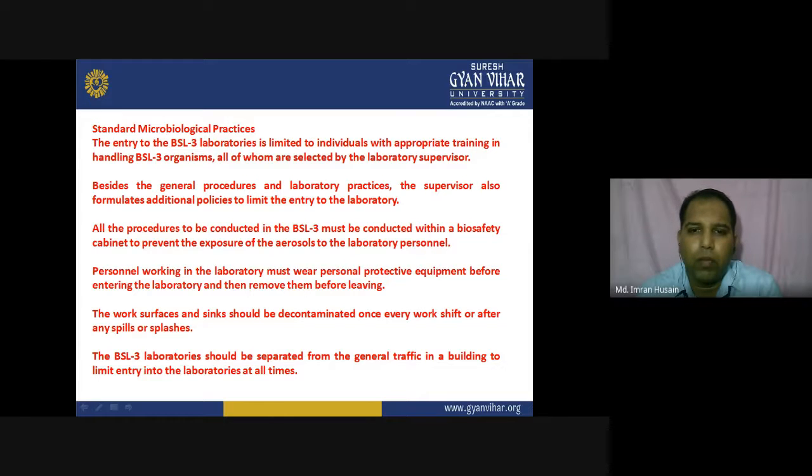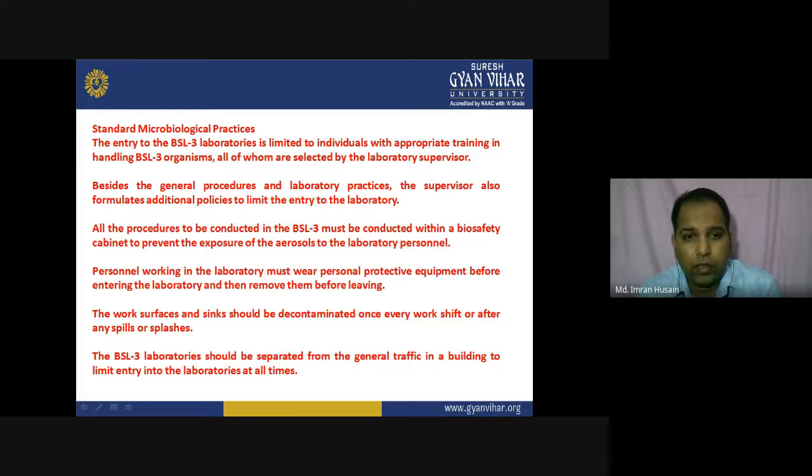So biosafety cabinets are always installed, and it is ensured that you do not work outside those cabinets, in order to ensure the safety of other laboratory personnel. Personnel working in the laboratory must wear personal protective equipment before entering the laboratory and then remove it before leaving. So the PPE kit is essential and the last line of defense when the individual is working in such conditions.